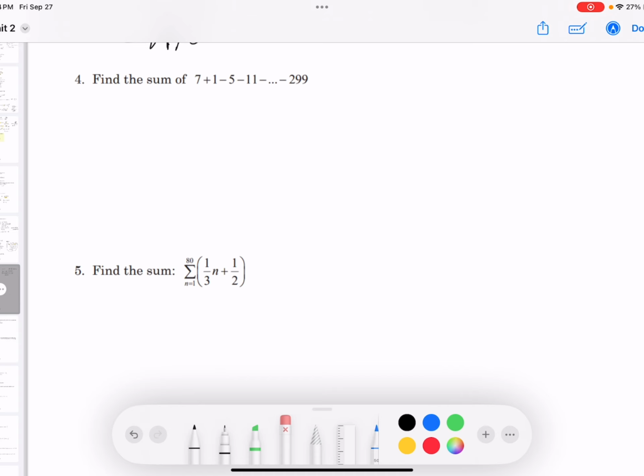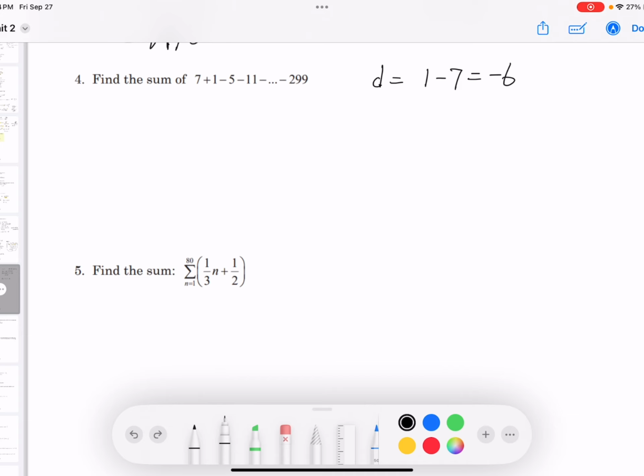So d is equal to any random number minus the previous one: 1 minus 7, which is -6. You can also prove it using -11 minus -5. It is -6.